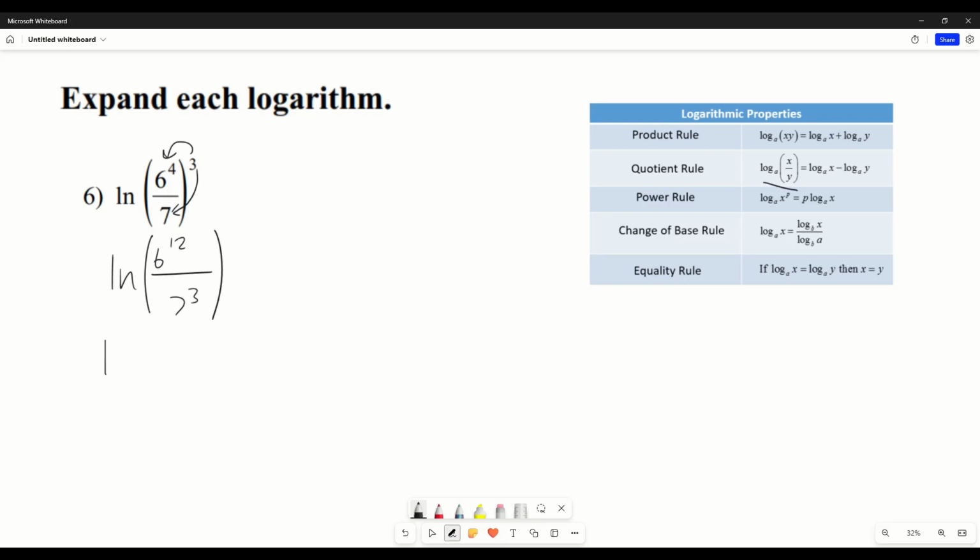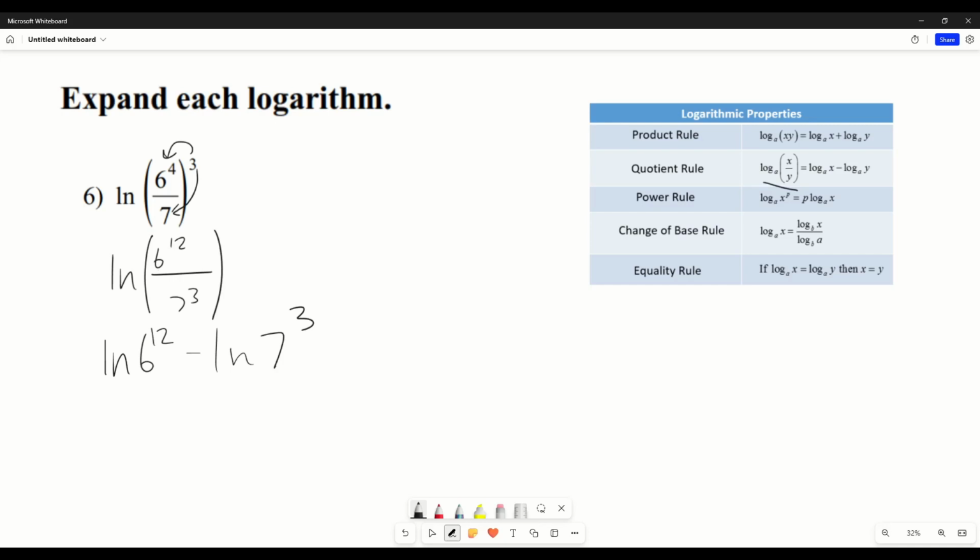So we're going to do natural log of 6 to the 12th power minus natural log of 7 to the third power. Let me erase this, sorry. Okay, two natural logs.